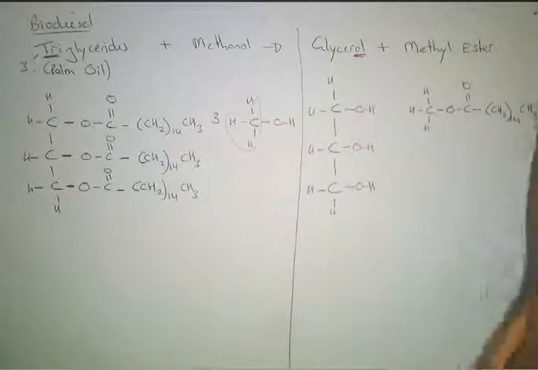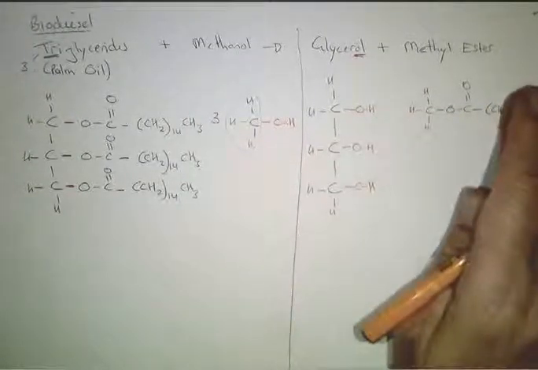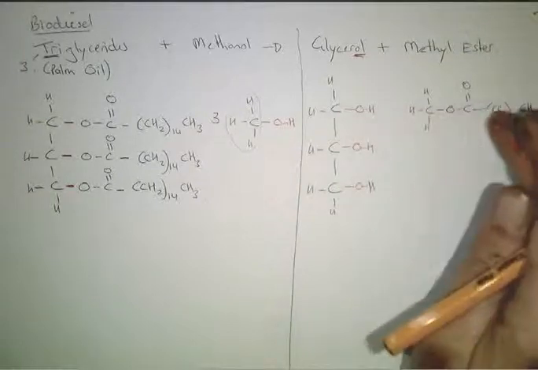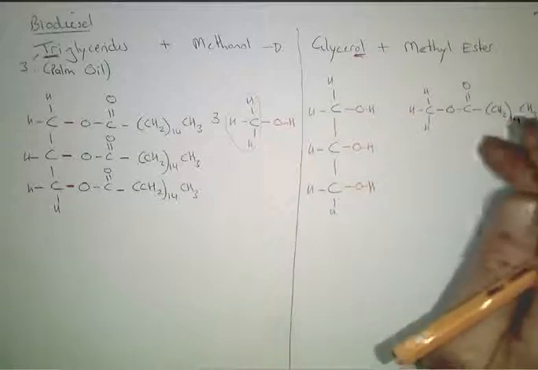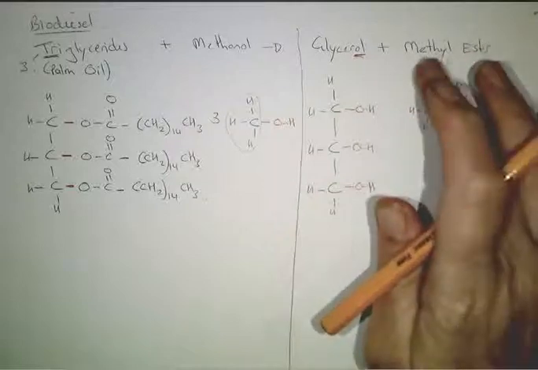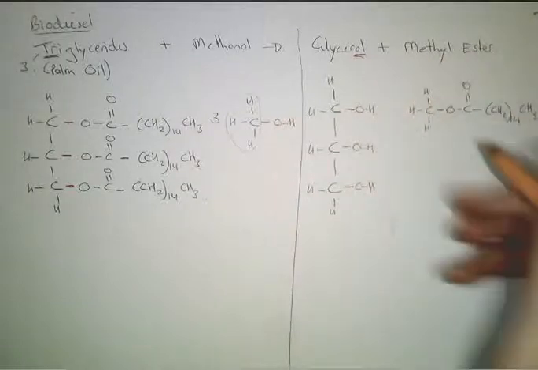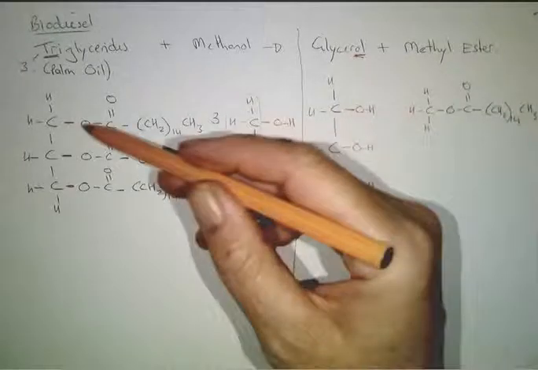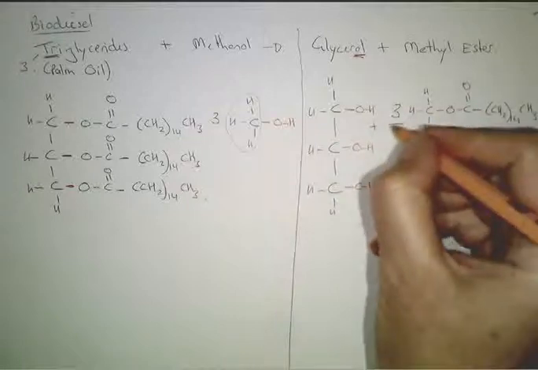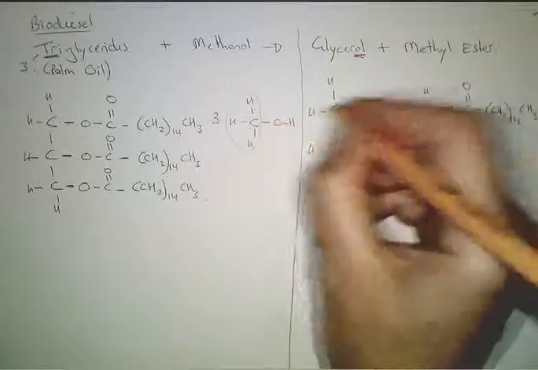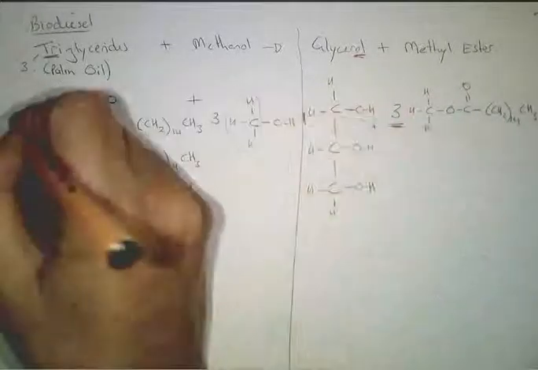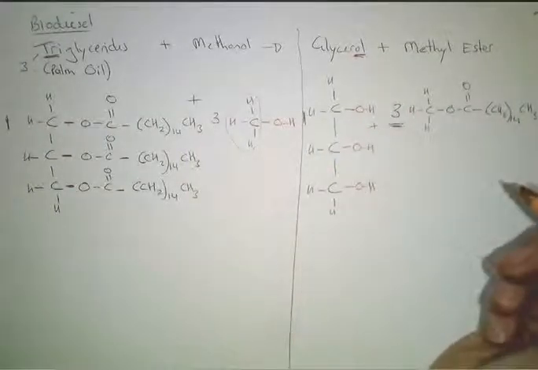If your carboxylic acid was a 2-carbon one, you would call it methyl ethanoate. But this is so long that they kind of just give up. They don't name this. It's just methyl ester. Each one of these comes off, so you end up making 3 methyl esters. You need to be able to balance this reaction. There's 1 glycerol, 3 methanols that you need, and 1 triglyceride.